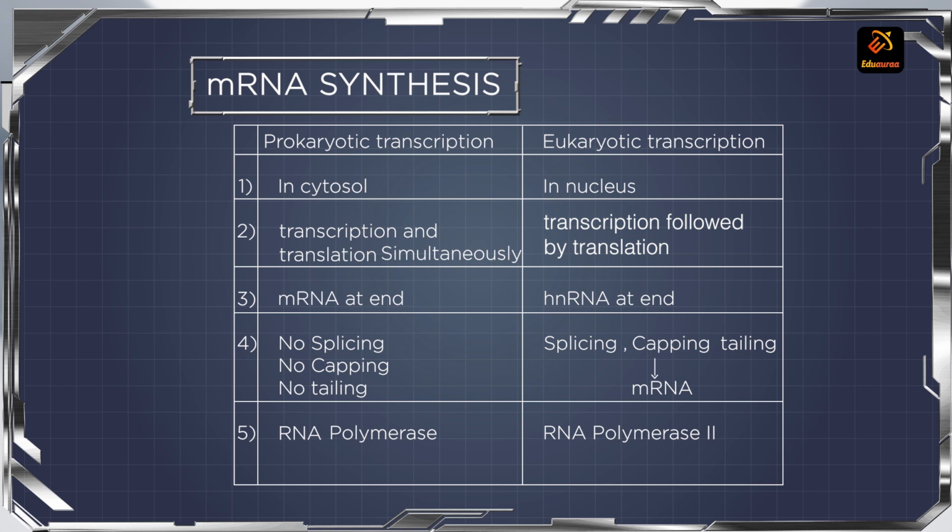This enzyme is of the RNA polymerase 2 type in eukaryotic organisms. So these are all the distinguishing things between prokaryotic transcription and eukaryotic transcription. Remember, children, the end product of transcription has to be the mRNA, the messenger RNA.